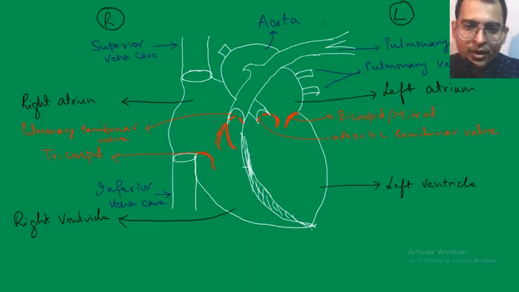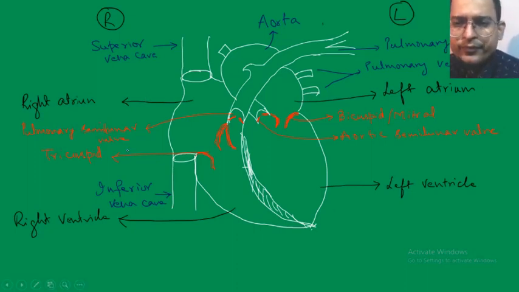So the important vessels we have named: aorta, pulmonary artery, pulmonary vein, superior vena cava, inferior vena cava. So chambers, valves, and vessels.